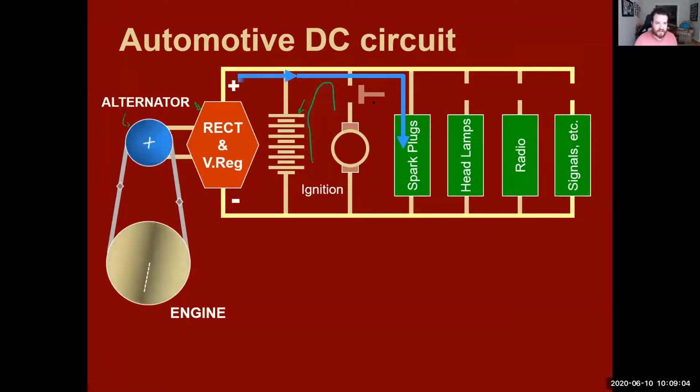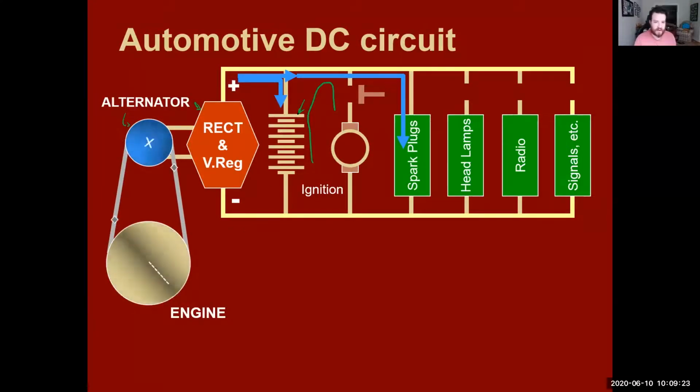The ignition is left off. And now instead of using the battery to run the spark plugs, you're using your actual alternator, and that is going to be charging the battery and also going into your spark plugs. Because what we have here is a parallel circuit. All right, this is not a series circuit.